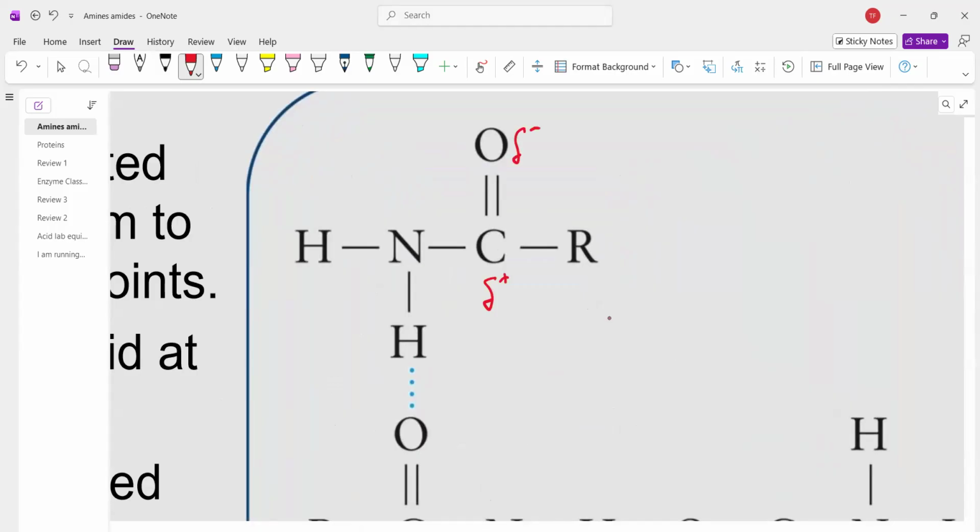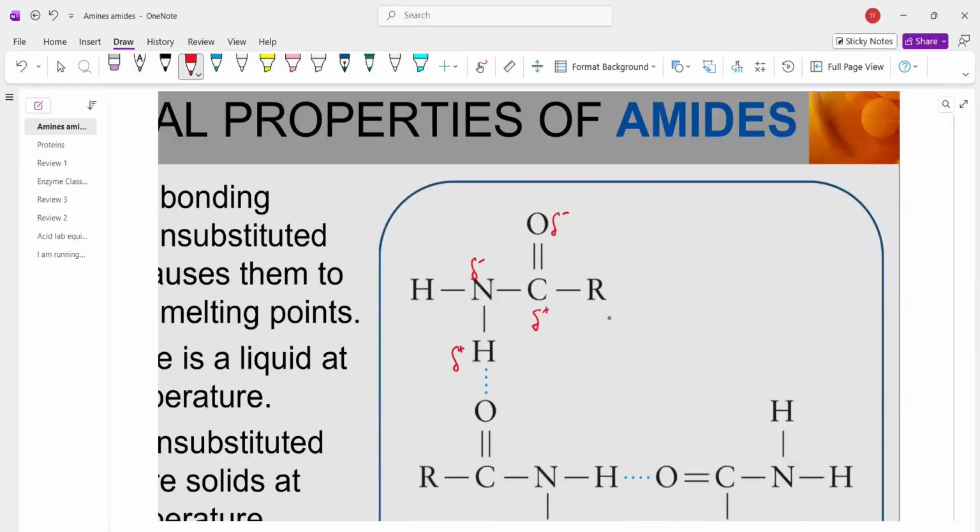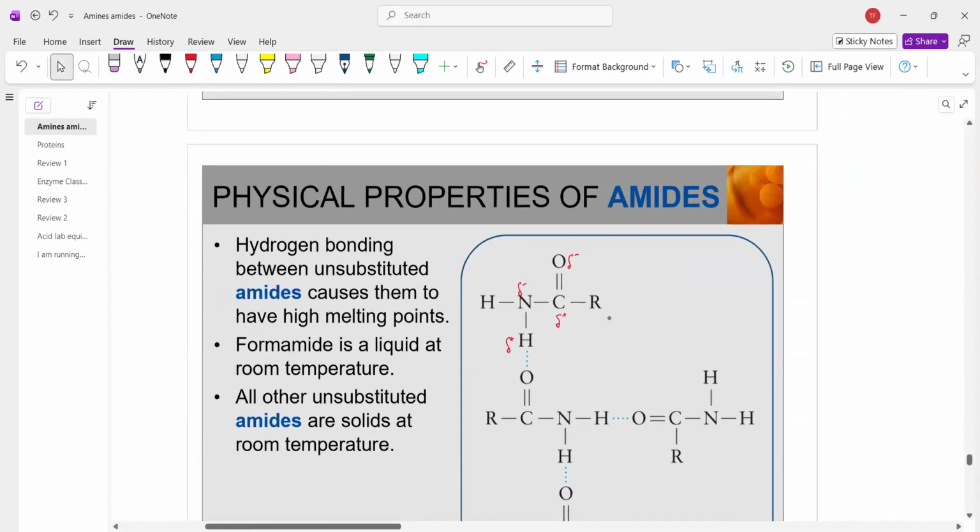The carbonyl group has got some partial negative and positive properties, as well as the nitrogen group here. So that's going to give the polarity of an amide, these two groups here. So a lot of them are soluble in water. Depends on how big this R group is.